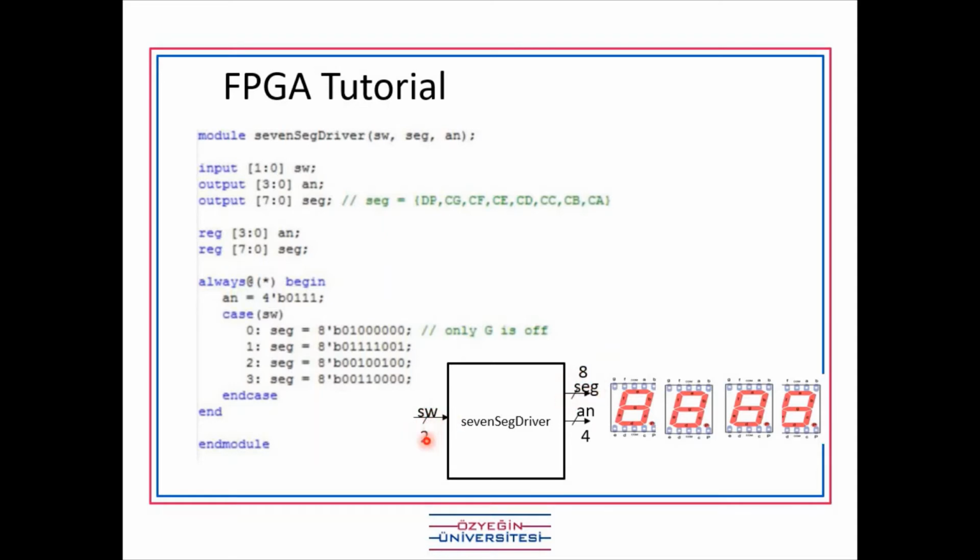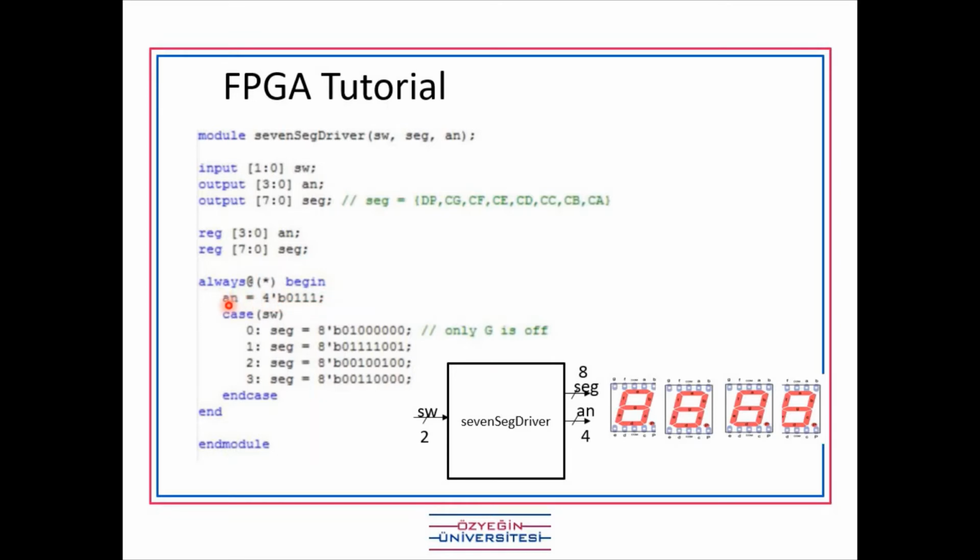Here it's 2 bits. And AN is just used to select one of the 7 segments. In our FPGA, we have four 7-segment displays, so we have to activate one of them at a time. We are selecting this one, that's why we are giving this value. 0 means activated, 1 means deactivated.